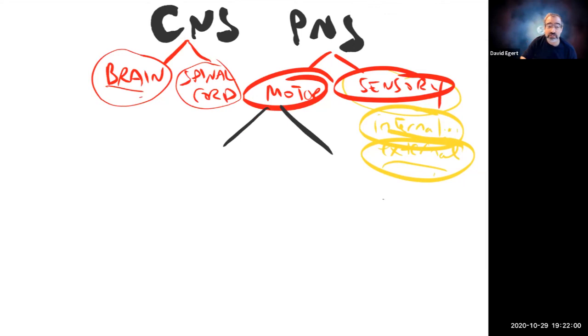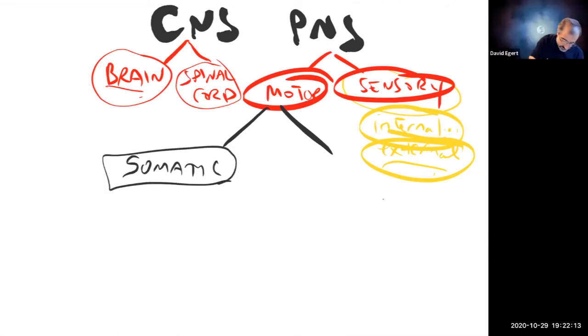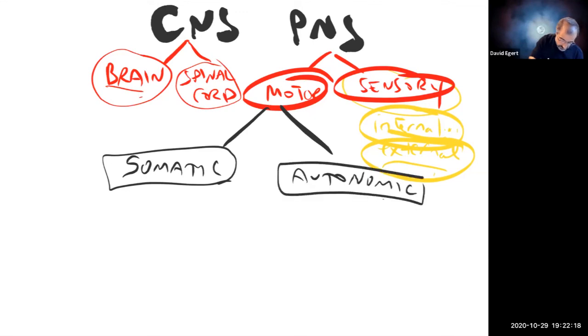What are the subdivisions of the PNS, subdivision of the nervous system? Somatic and autonomic. Again, somatic is the one that operates all the skeletal muscle we've been talking about.